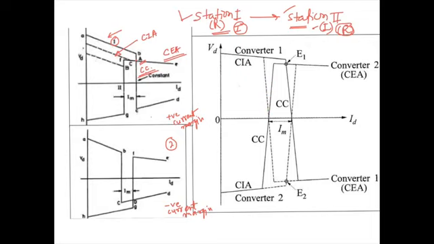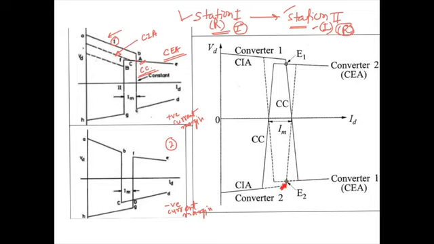And when the roles of station 1 and 2 are reversed, the transition from rectification to inversion or from inversion to rectification is done smoothly, and here the inverter gradually becomes a rectifier, and the rectifier gradually becomes inverter, and we get new operating point E2.